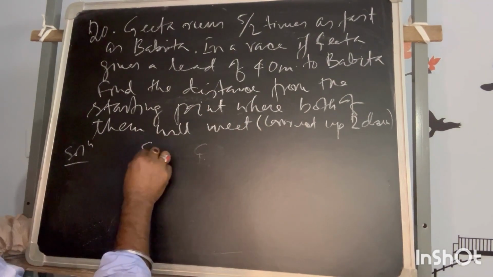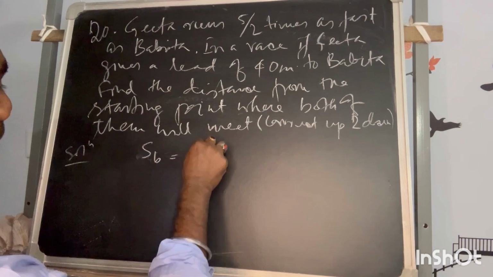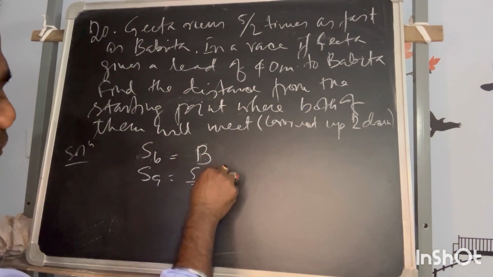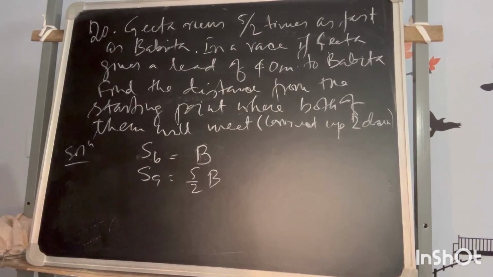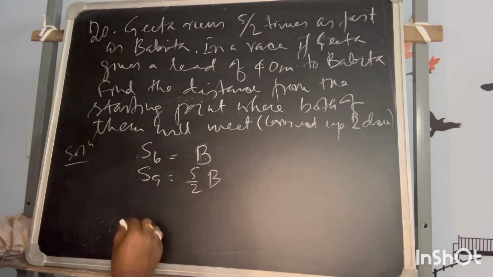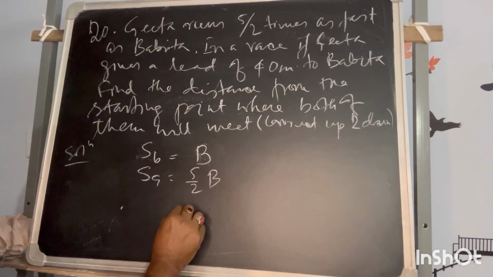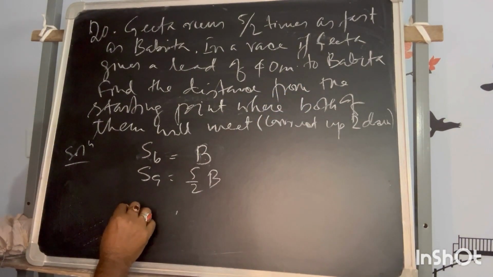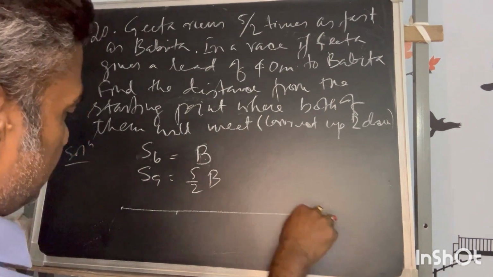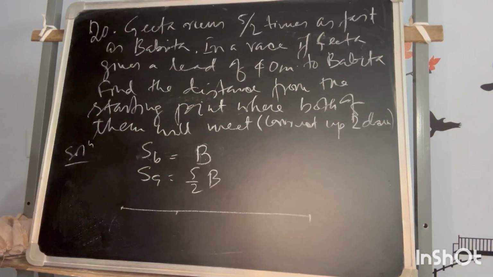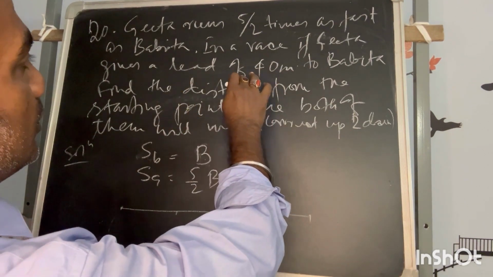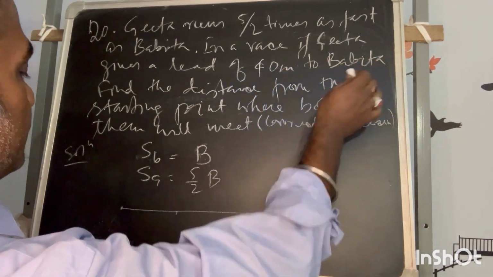I am taking Babita's speed to be B, then Geeta's speed is 5 by 2 of B. In a race, Geeta gives a lead of 40 meter to Babita.